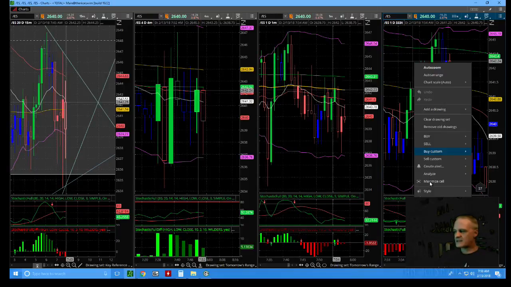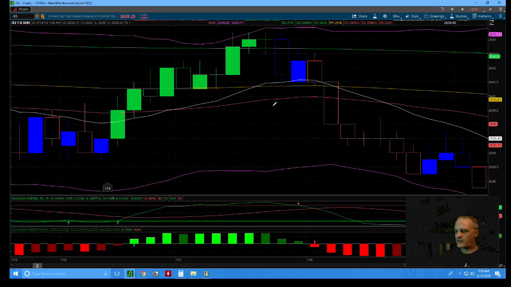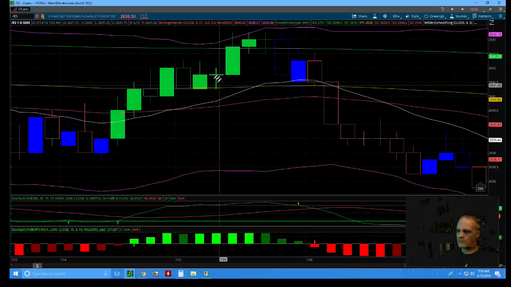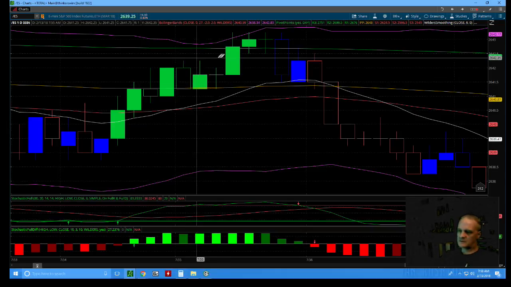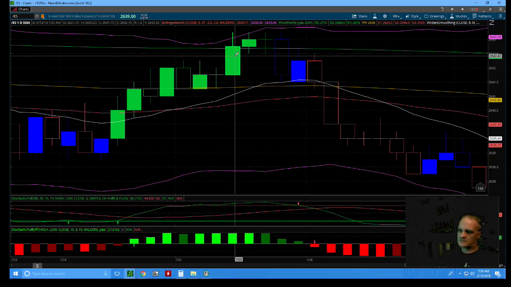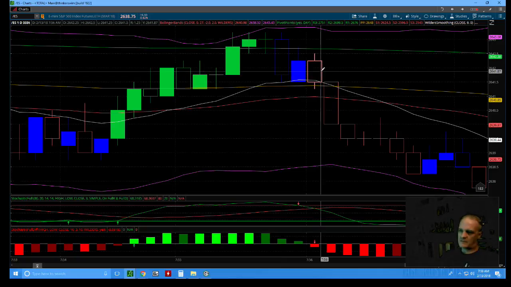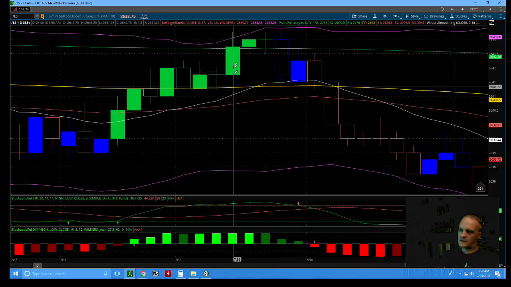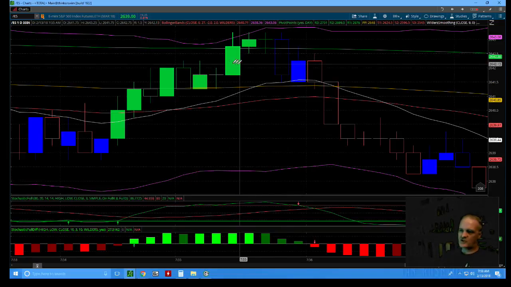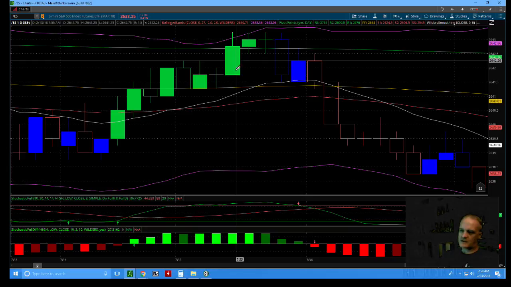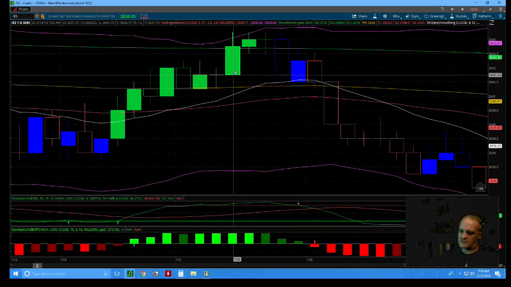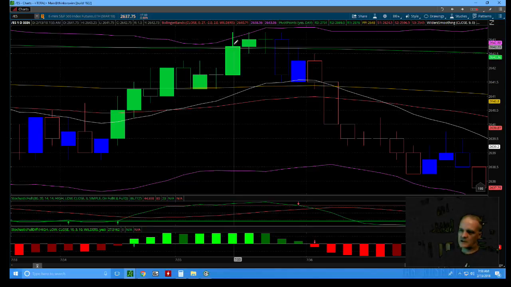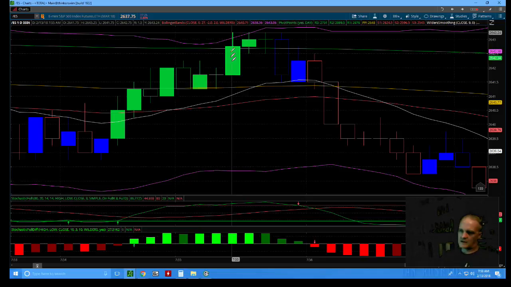Now another thing that you can look at is candles. If you're not familiar with candles or high-low bars, when your candle is green, and there's green, blue, and red here, so that might be a little bit confusing because I have a different study on this chart, but in general, when your candle's green, this is the open, this is the close, this is the high, and this is the low.